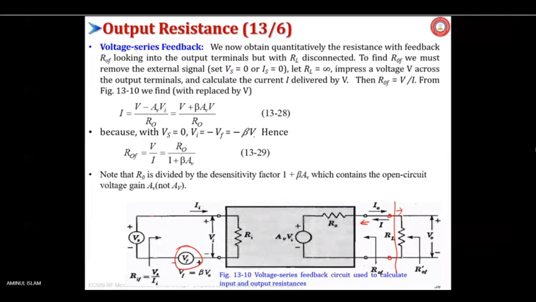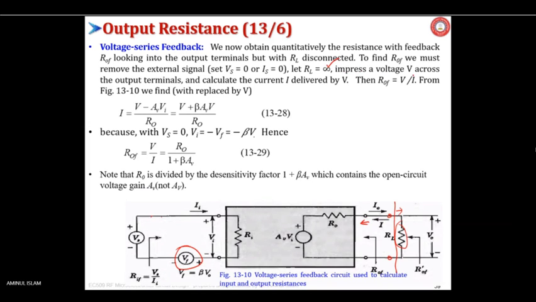So you are going to make it 0, means you have to short it, or you are making IS 0. So let RL equal infinite. Of course, we are removing it, means we are making RL infinite.